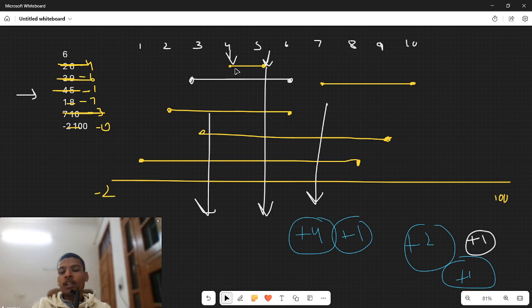Now for the particular interval, check how many intervals are there in which their smaller part is smaller than my current start and their larger part is greater than my current end, and count them and store the count in my interval. So because I have sorted them, I will only see in the next part of the array. Because you see, the only increasing interval which I can achieve is in the next part of the array also. So that's why I have sorted in the increasing order.